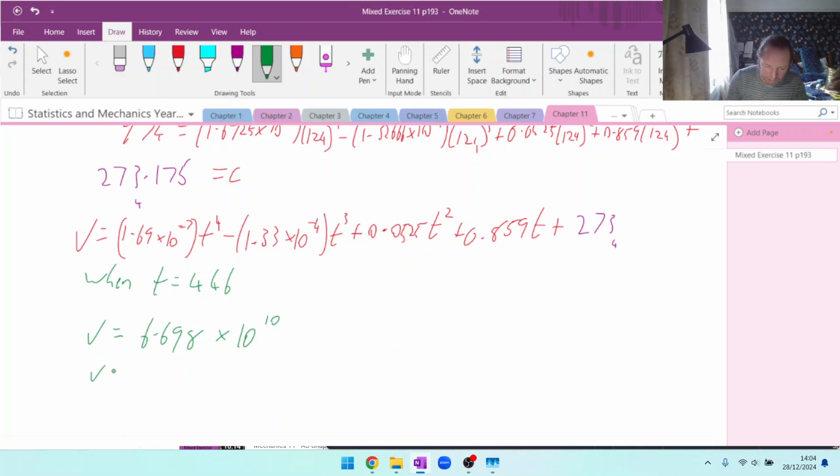So velocity equals 6.70 times 10 to the 10. 59. Now something's not right with what I've put into my calculator then. Alright, I will go back to that and have a quick look.